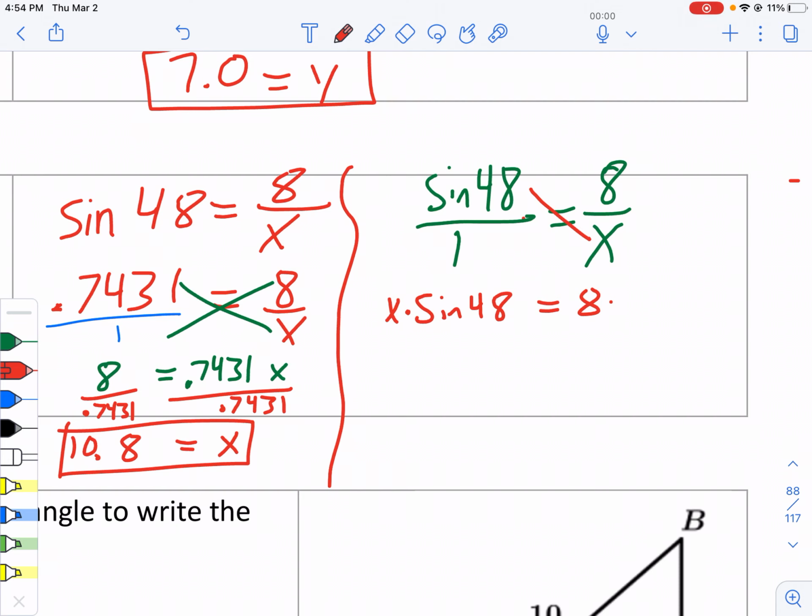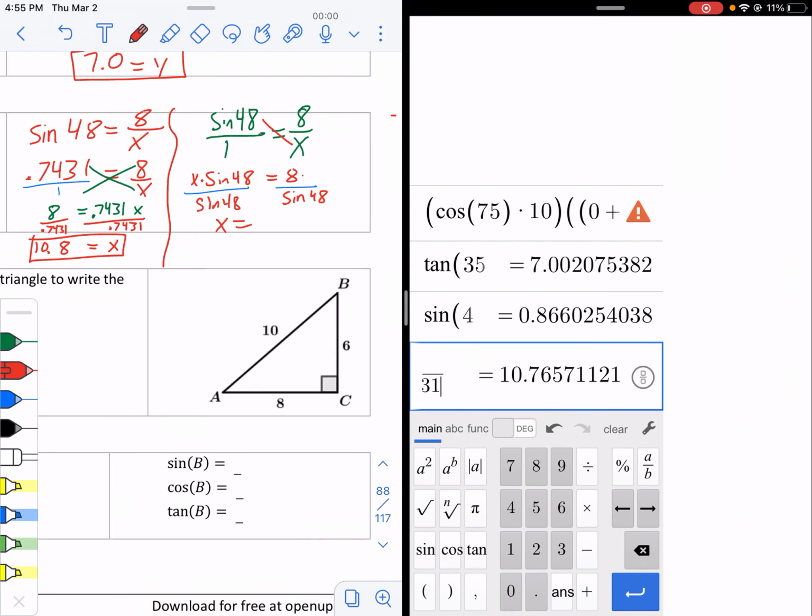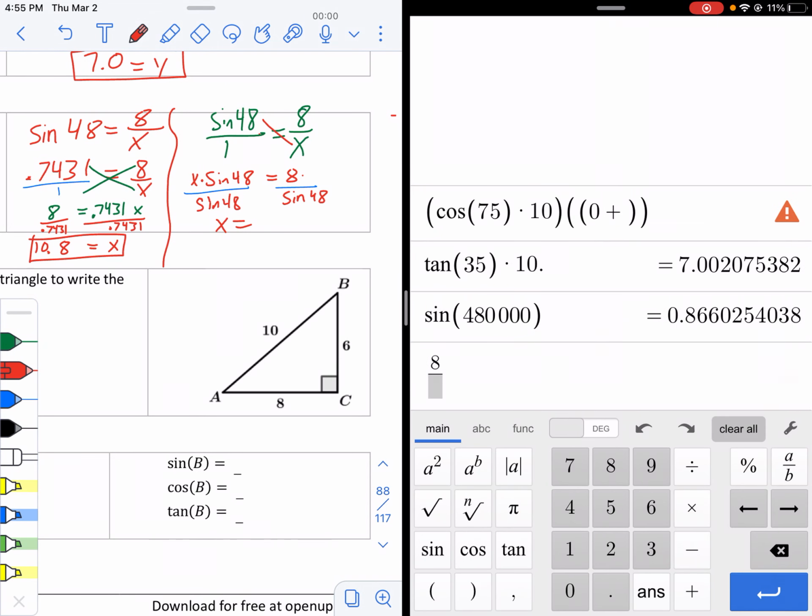And we can divide now by, what do we want to divide by? Well, we're trying to solve for x, so leave x, divide by sine 48, whatever the sine of 48 is, and we're going to have x equals, and we can go back to our calculator here, let's clear this here, okay?